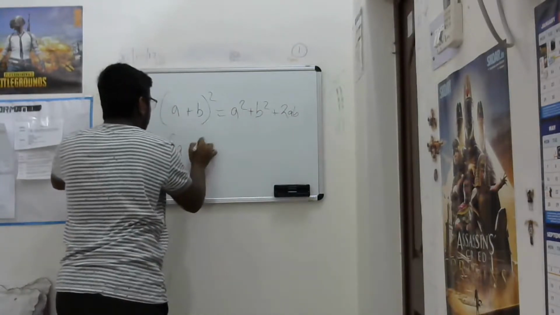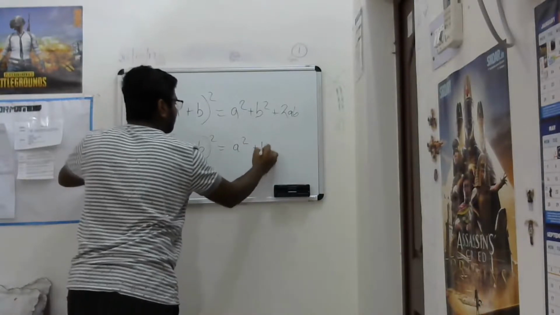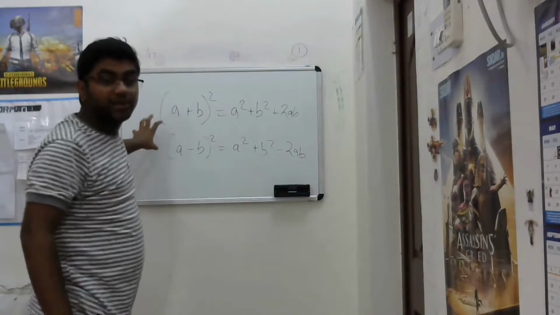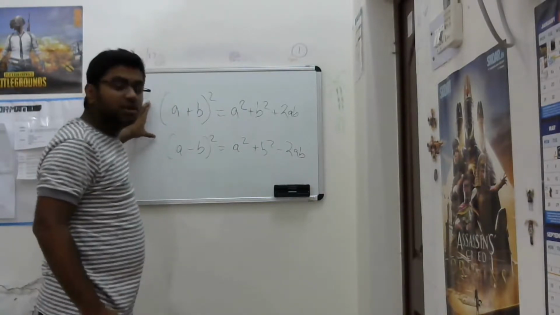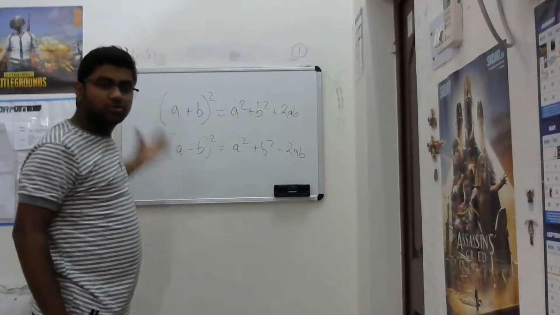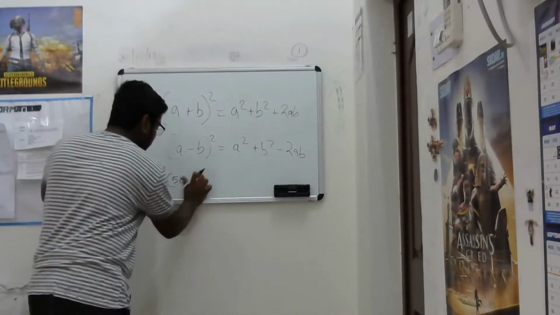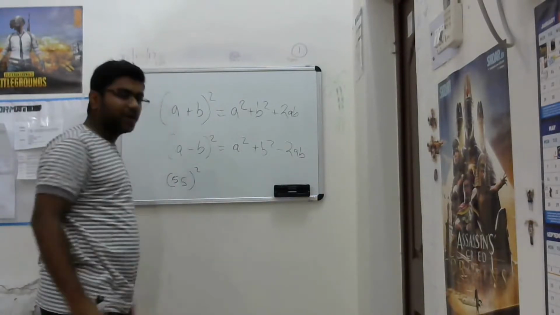And these two identities. Now this is still a pretty long method. You can use these two methods to square any number. Like you have got 55 whole square.